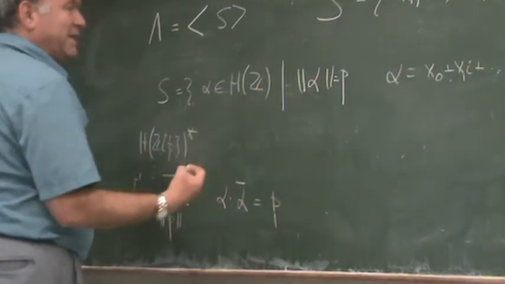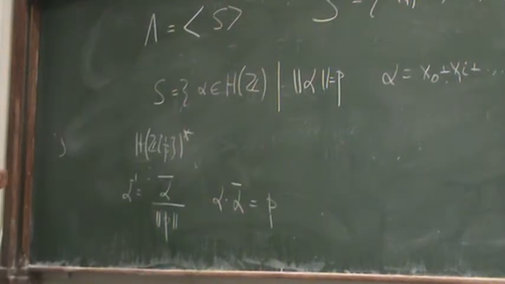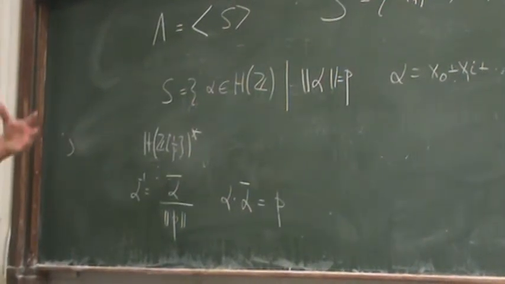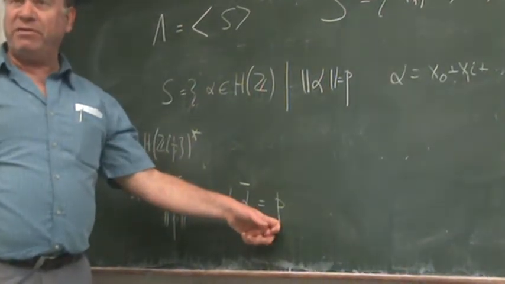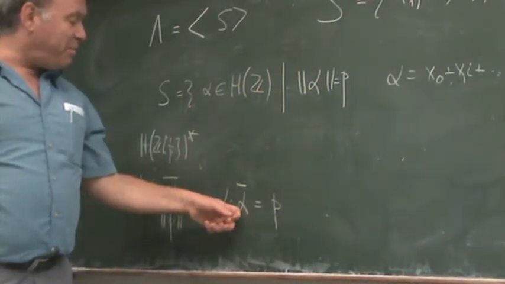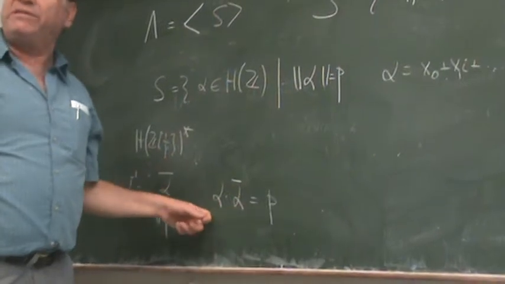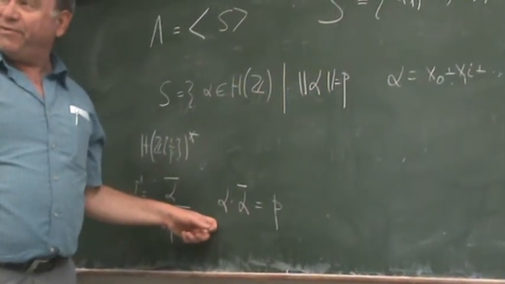Now, p as an element of the quaternion algebra is in the center. So if we divide by the center, p for us is the identity, and therefore we can consider alpha bar as the inverse of alpha.